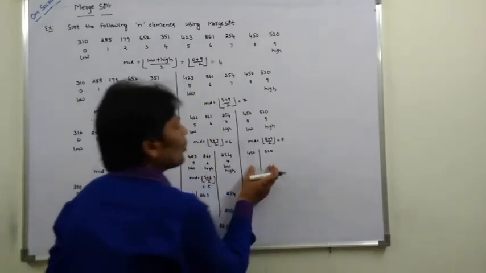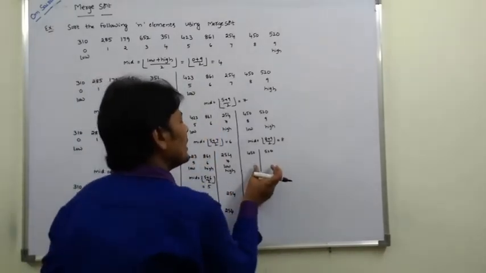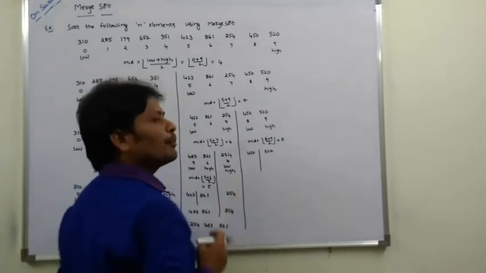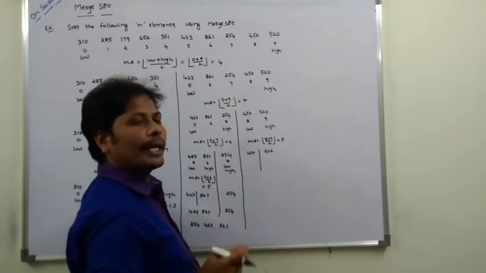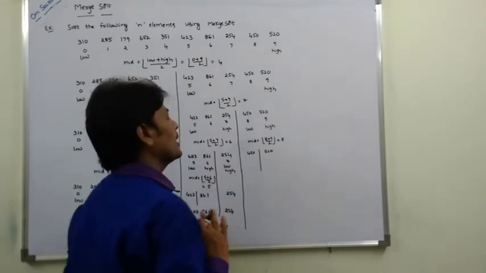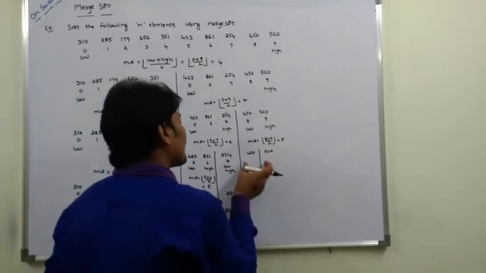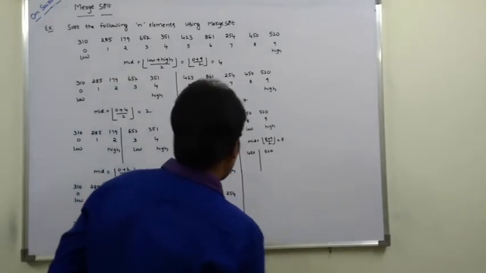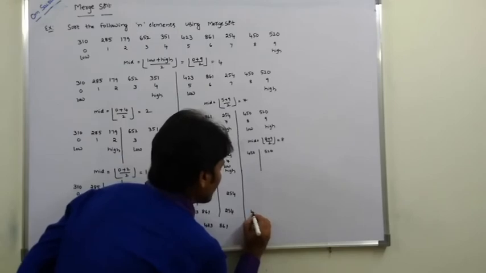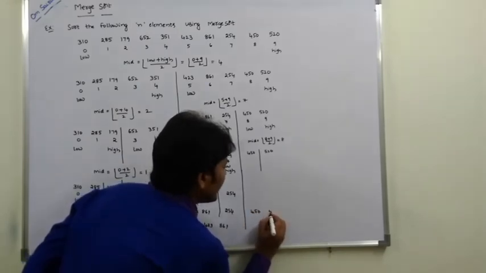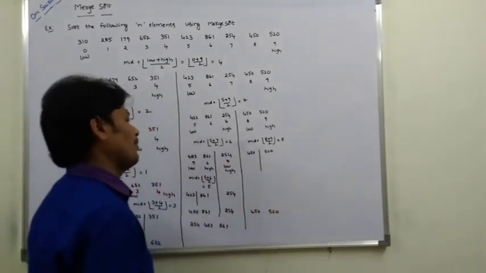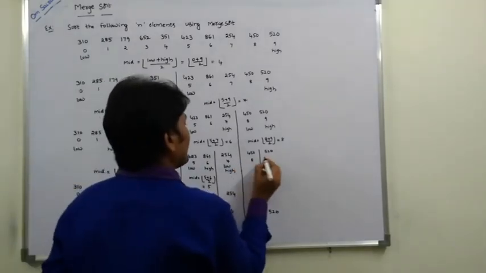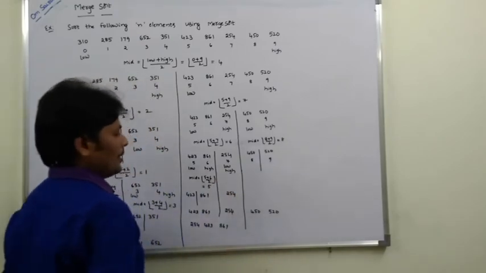So now we have to combine these 2 sublists if they are in sorted order. So there is no change. If they are not in sorted order, put them in sorted order. So then finally we are getting 450 and 520. Okay, this is 8 and this is 9.